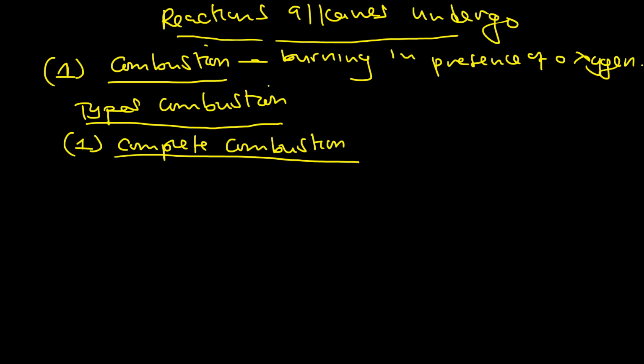So we can say it occurs in plenty supply. Pay attention to the terms. You will not be told you are dealing with complete combustion or incomplete combustion, but through the terms used, such as plenty, you know that is complete combustion.